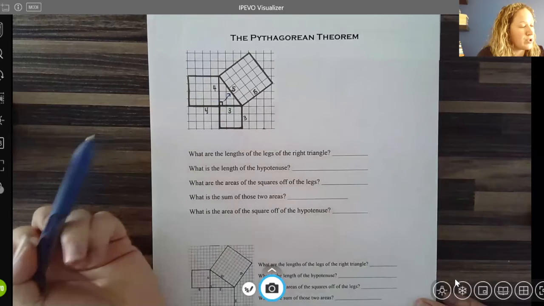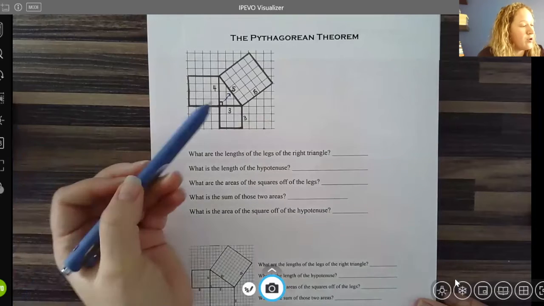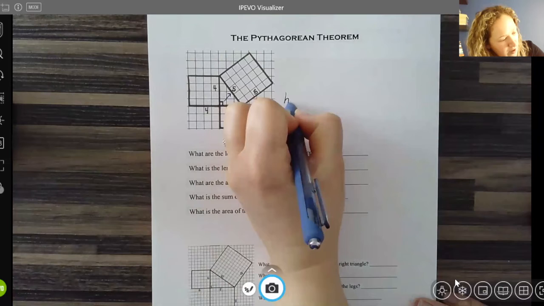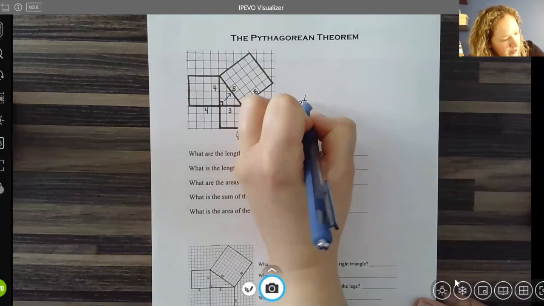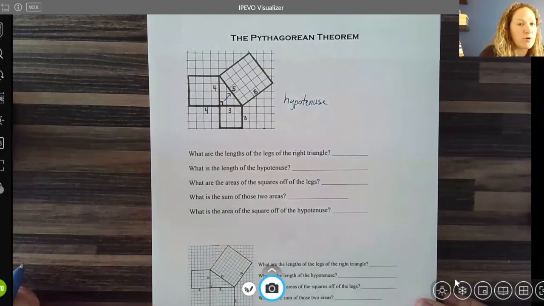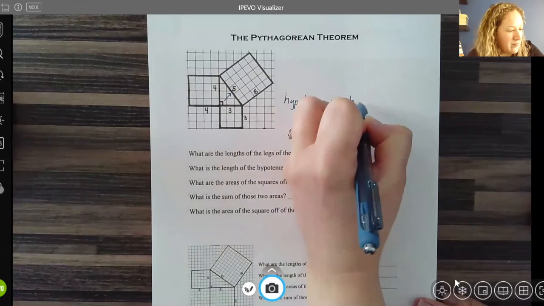So either of those 2 pieces of information should help me determine the hypotenuse. It needs to be the long side, or it's just directly across from that right angle. And I spell that hypotenuse.